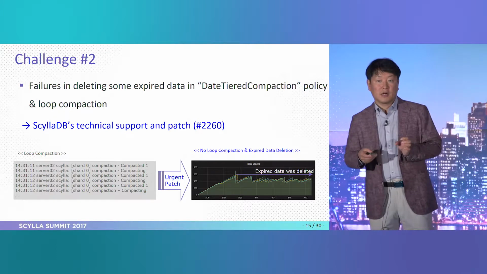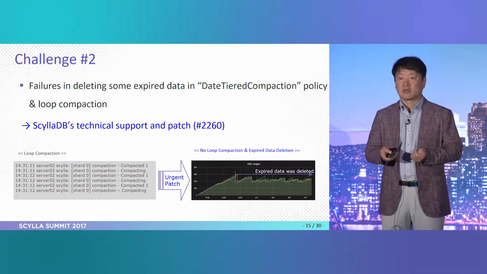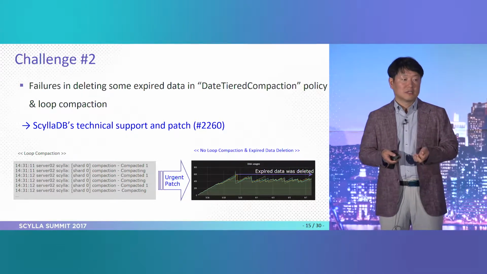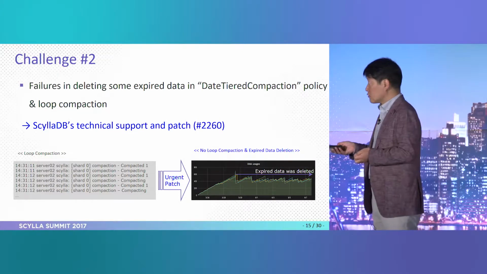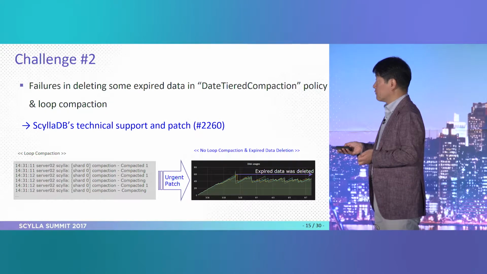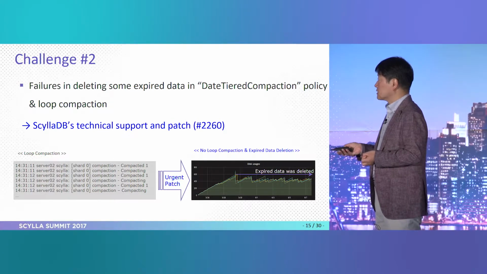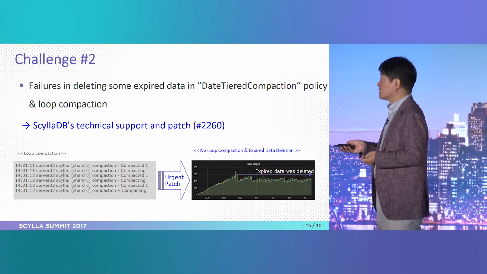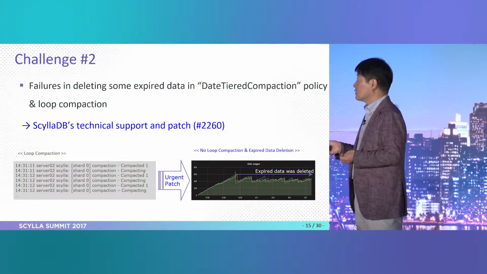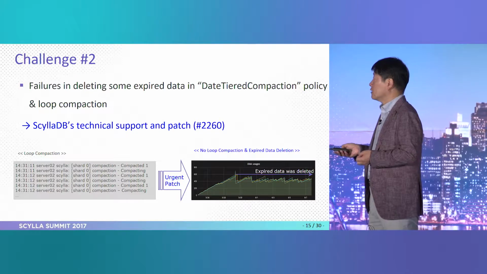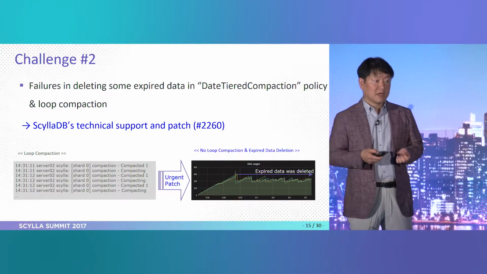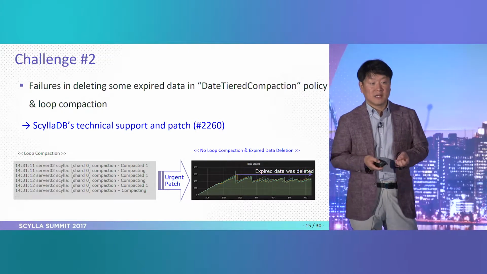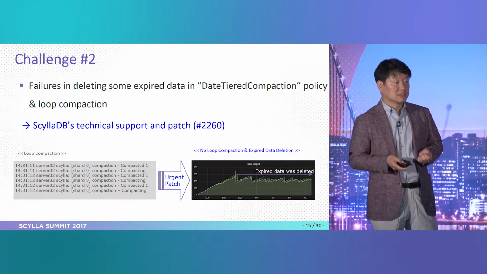But we had a close collaboration with the Scylla team to solve these issues, and we patched it. As you can see in this graph, the result was good. Expired data was deleted, and we could avoid loop compactions. Thank you to ScyllaDB's team. They are very highly responsive and knowledgeable technical support.